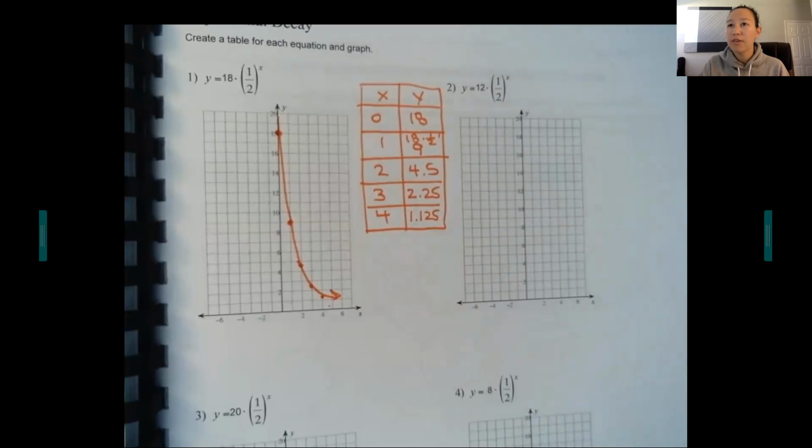And if you need help, feel free to send me a message in the chat and I can help you. And luckily they're all just 1/2. I kept it simple. So you're just going to be cutting them in half each time.